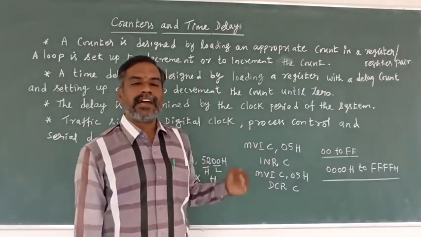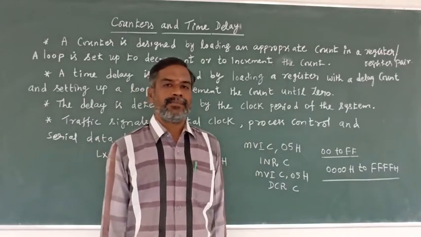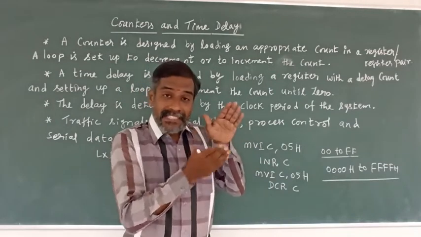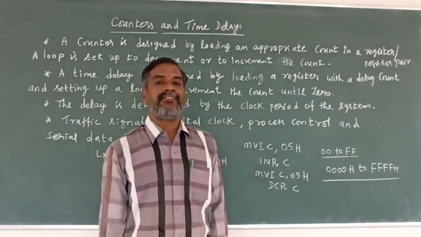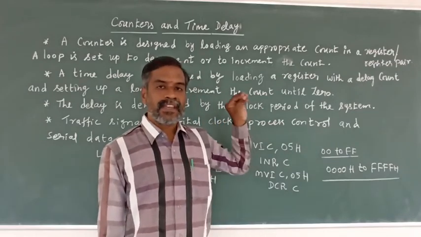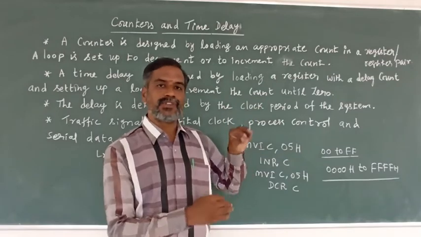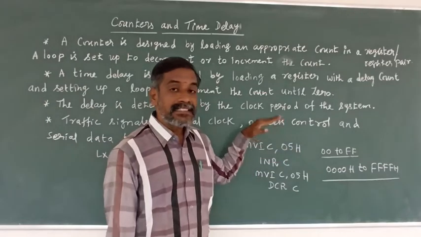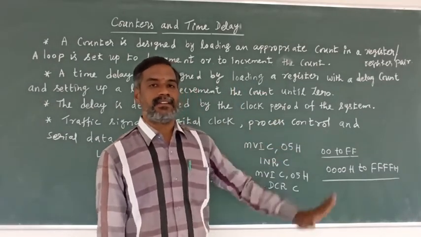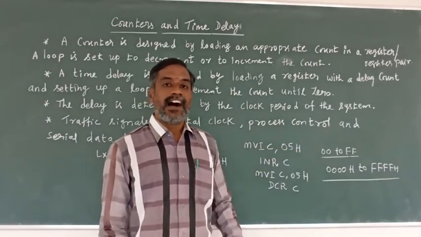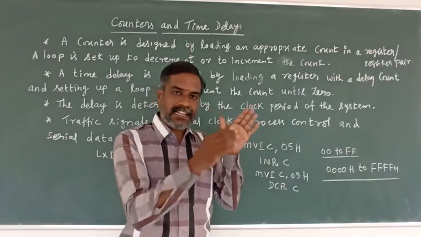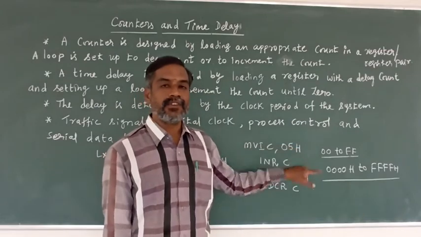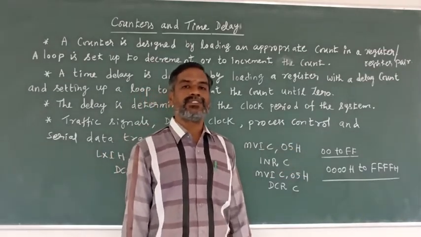For that we load some data into a register or register pair. The time it takes to decrement the value from the given data to 00 is the time the same data stays visible. After that value is decremented, it will go to the next data, 05 to 04. For that we can use the delay.